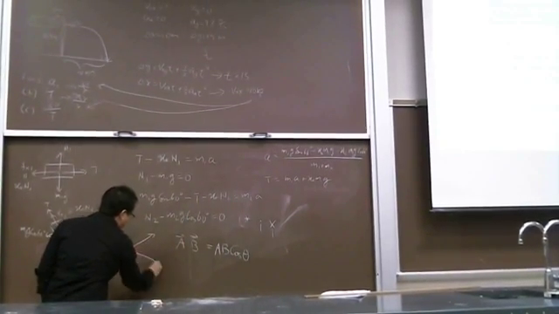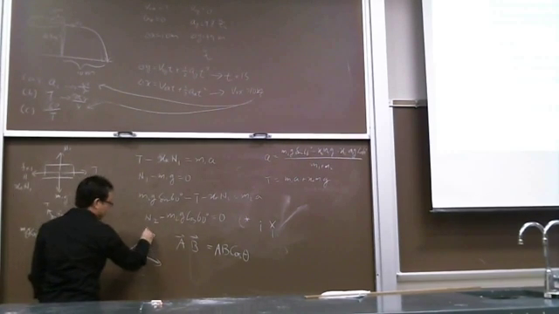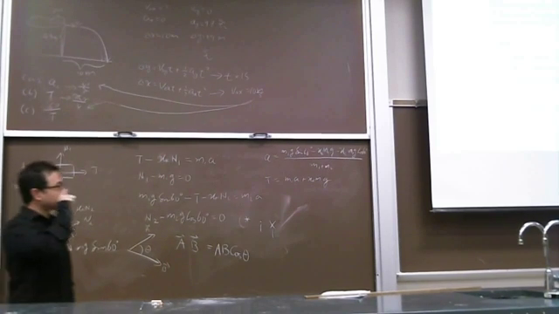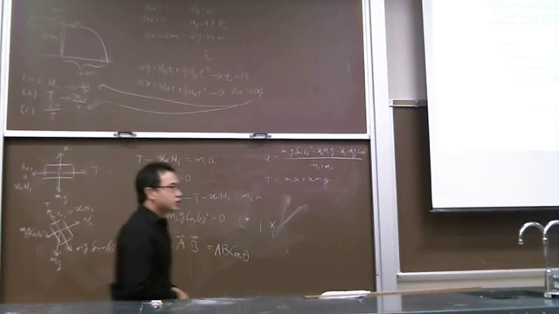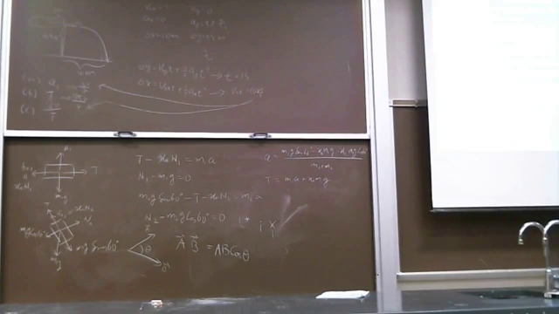Theta is the angle between A and B. And the geometrical meaning of the dot product is that you try to multiply the vectors A and B together, but they are not in the same direction.